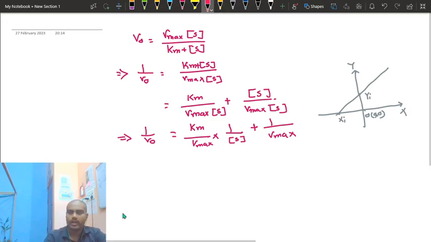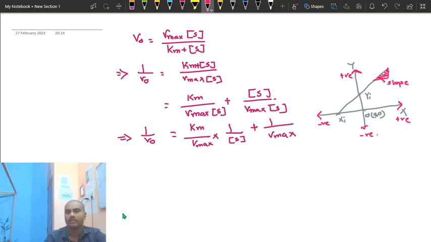One more thing you have to know is that this portion is known as the slope of this graph. This is the positive x-axis and this is the positive y-axis, but this one is the negative x-axis, and this one is the negative y-axis. Okay, so I think up to this is clear.